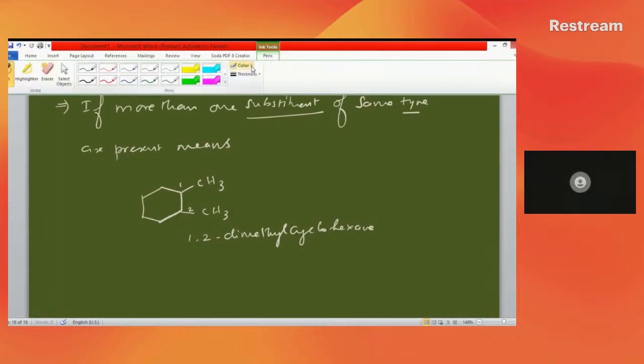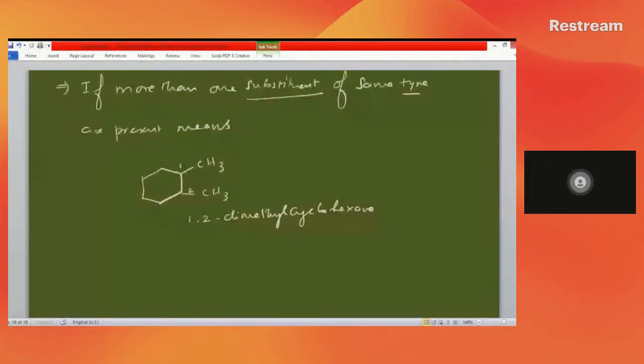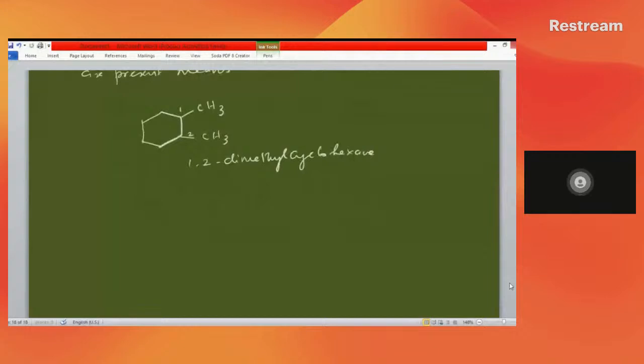When the substituents are not the same, if they do not belong to the same category, then what to do? We are given a substance like this. One is methyl and the other is ethyl.